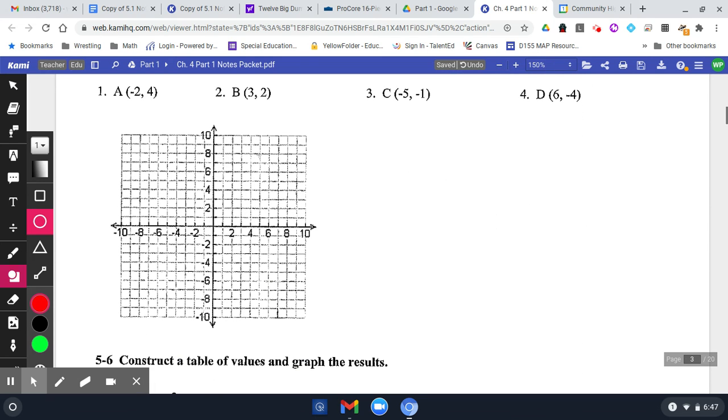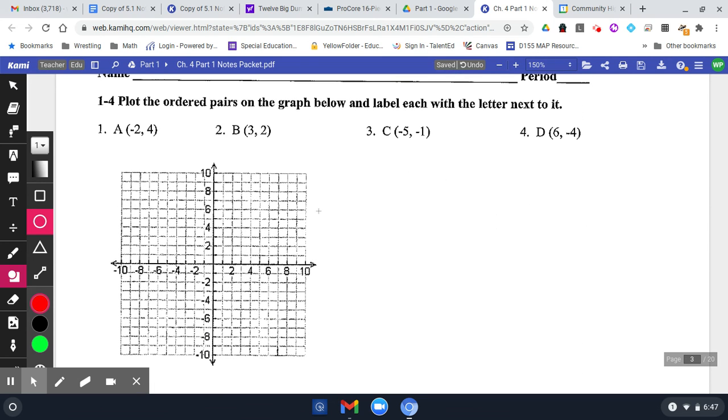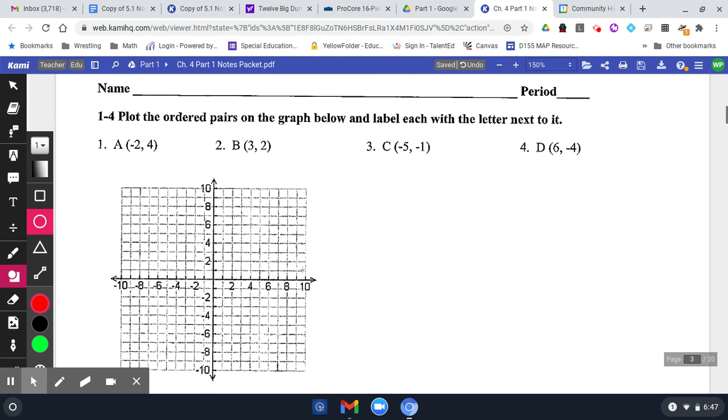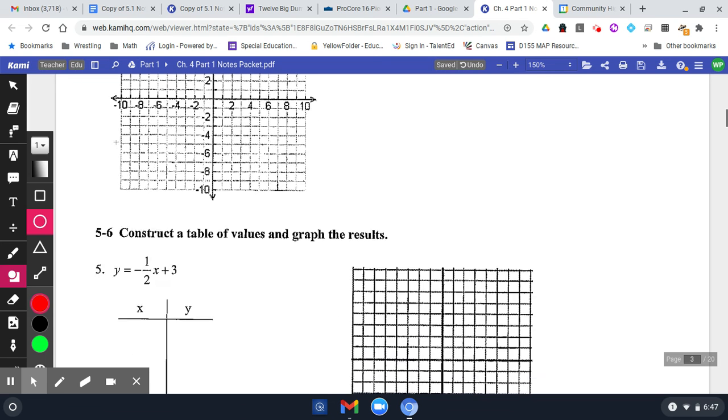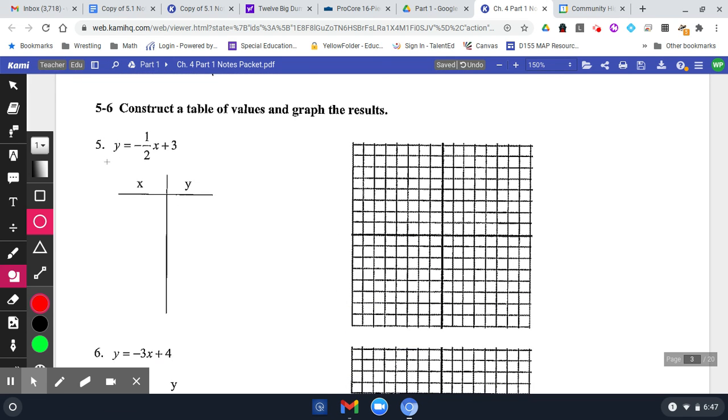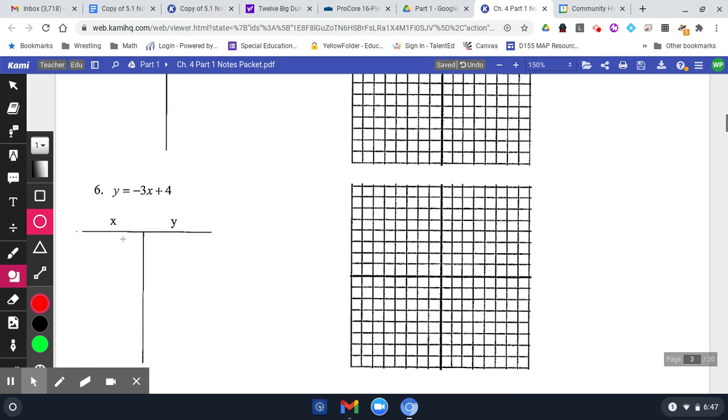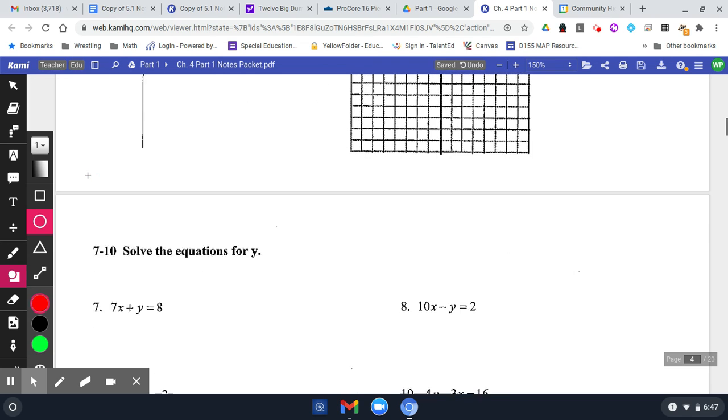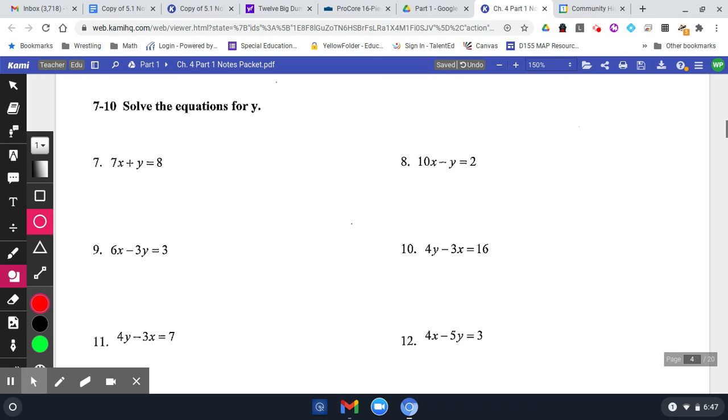So what you guys got for homework right now is this worksheet right here, 4.1. I'll keep these circled for you guys. You're going to do 1 through 4. You're going to do 5 and 6. You have to make tables for those, tables and graph them. Then you're going to solve for y.